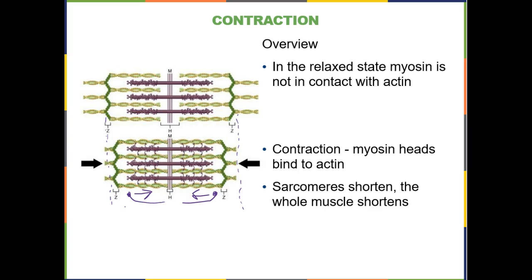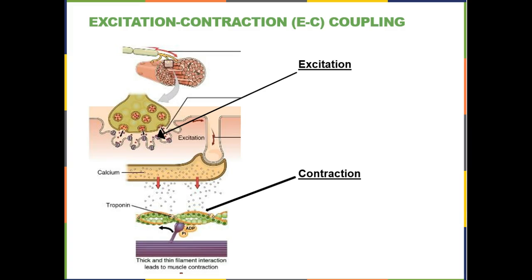of all of this. So this is what is called excitation-contraction coupling, and we're going to be on it for a little while. So excitation is electrical excitation, which takes place where a nerve and the muscle cell come into contact with one another.